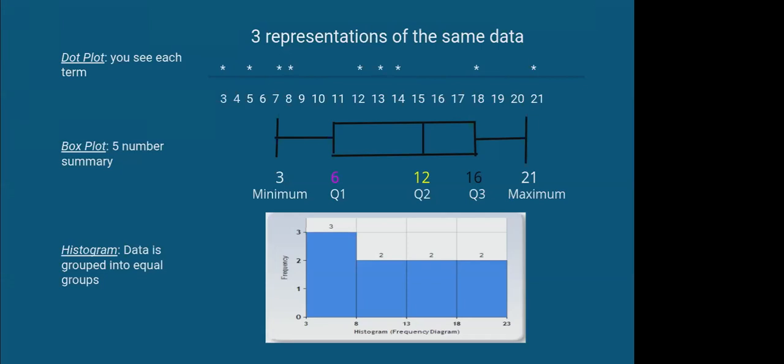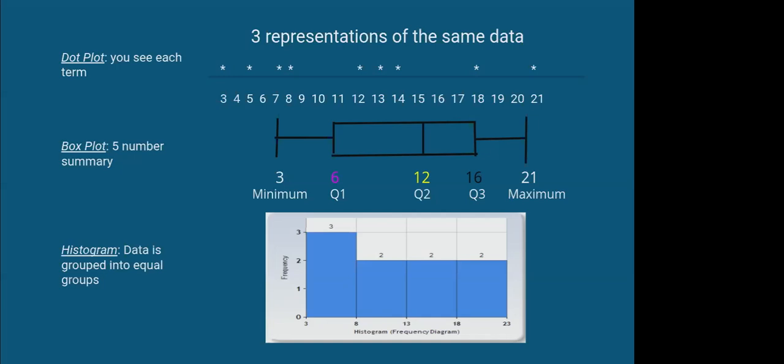Our data set has 2 terms that fall between 8 and 12, because remember, the upper end gets counted in the next group, or in the next bin.